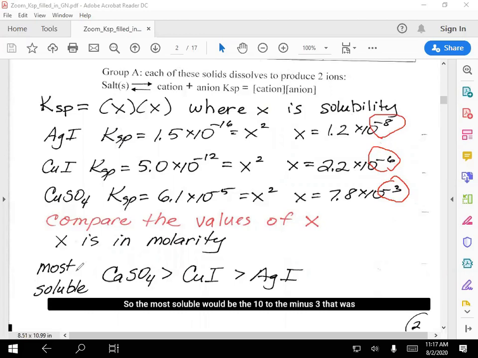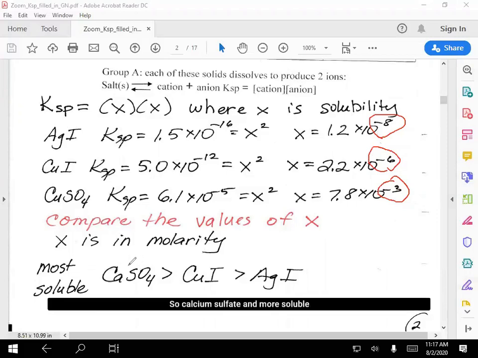So the most soluble would be the 10 to the minus 3. That was our calcium sulfate. We put that first. And then 10 to the minus 6, that's our copper iodide. And then 10 to the minus 8, that's our silver iodide. So we just put the values in order.